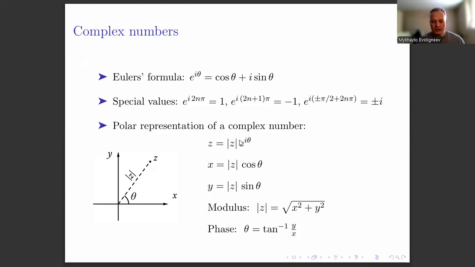It is the so-called polar representation. If you apply Euler's formula to this exponential, you will find that the real part is modulus times cos theta, and the imaginary part is modulus times sine theta. Now, the modulus of a complex number is the square root of x squared plus y squared, the square root of the real part squared plus the imaginary part squared.